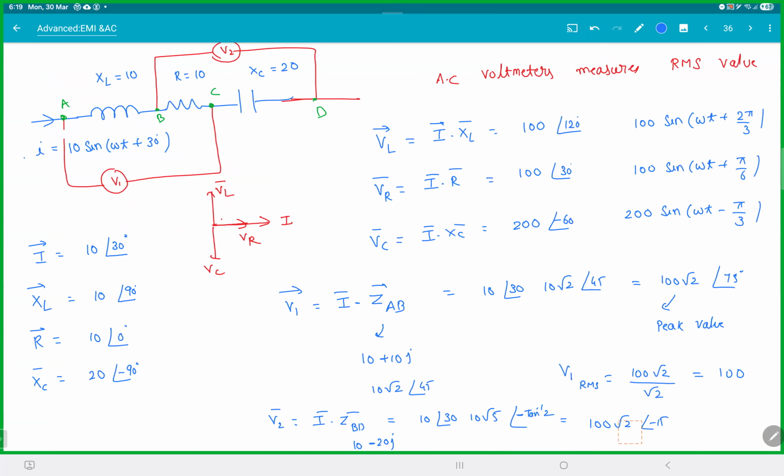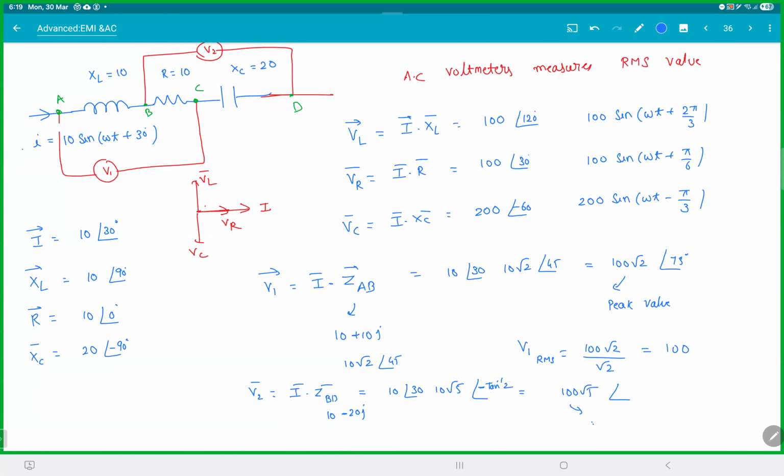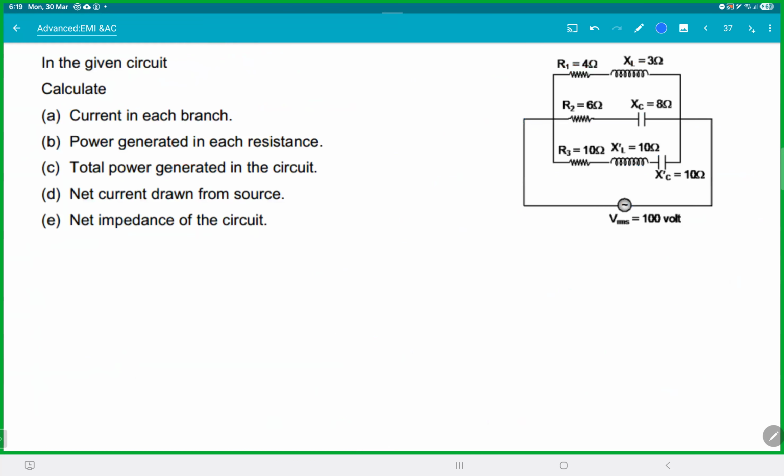Anyway, you don't need that. So this would be 100 root 5 at some angle. So RMS will be 100 root 5 by root 2. Yeah, that was a mistake. Be careful with that. Let's get this.